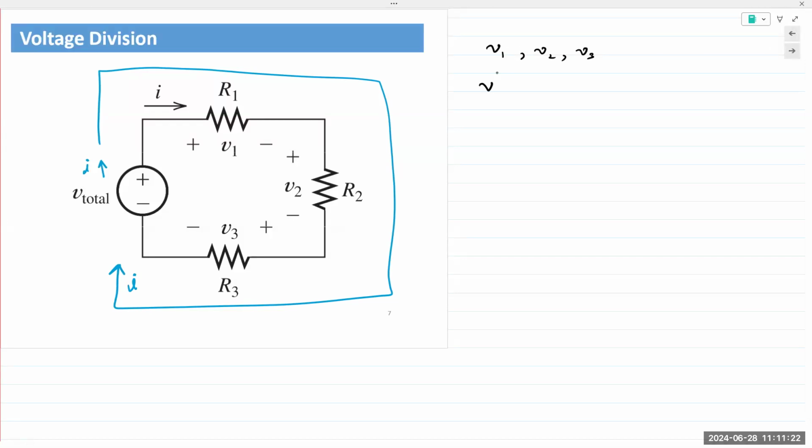If we apply KVL, we can write VT, V total, is V1 plus V2 plus V3. Make sense? If you apply Ohm's law, you can write I is VT over REQ, and REQ is R1 plus R2 plus R3.